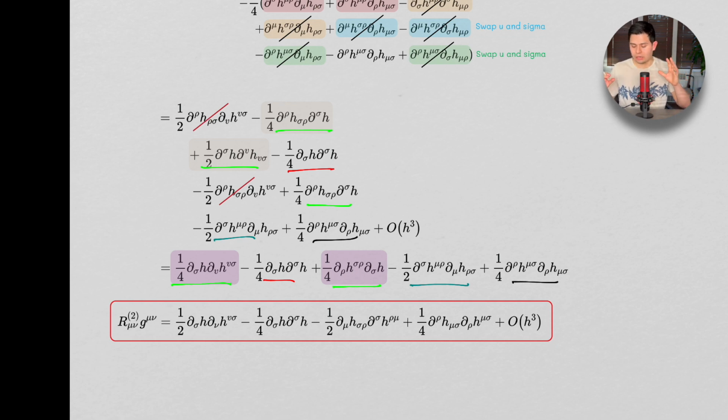Again, the idea is, okay, we have R mu nu now. Because what we did last time was we found 1 R mu nu and 2, now we have 2 R mu nu. When we add these two guys up, we get R mu nu, all right?